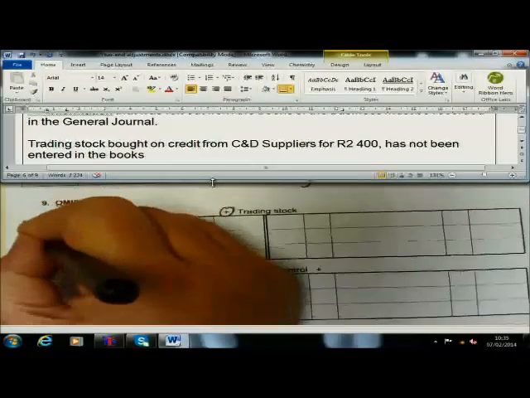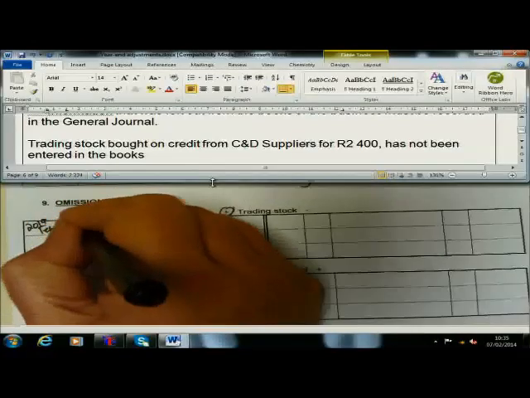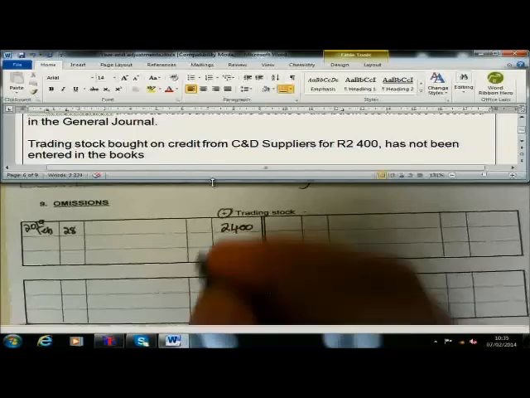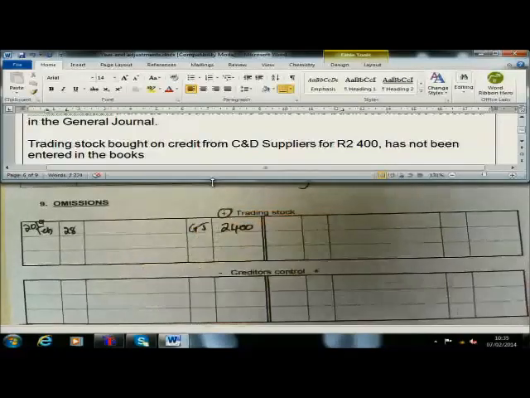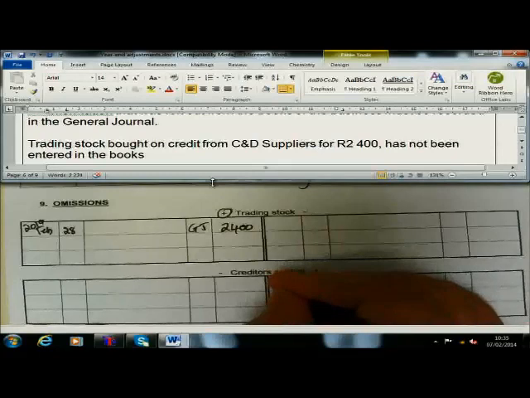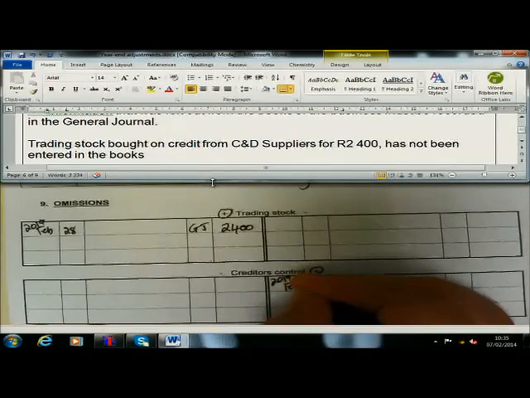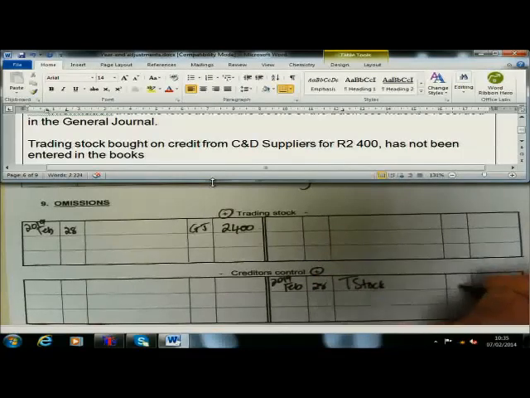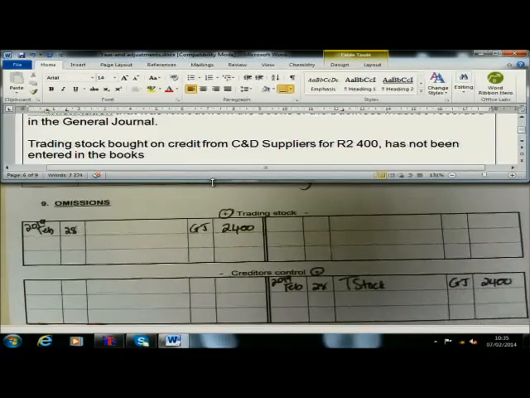So on the last of the year, February 28, we are going to put the 2,400 there. This is a GJ transaction. This is not a CJ transaction because we bought it on credit, but we don't record it. And on the credit side of the creditor is 2019, February 28, trading stock, GJ, because we are busy putting it in now.